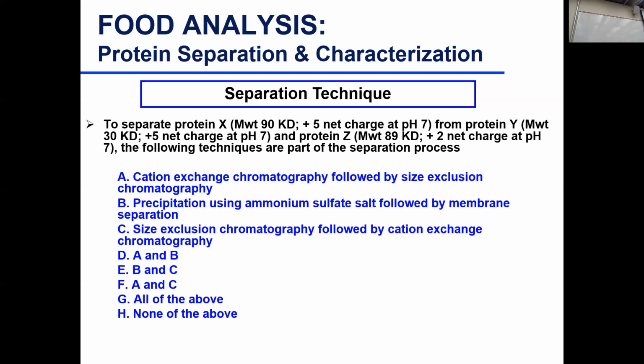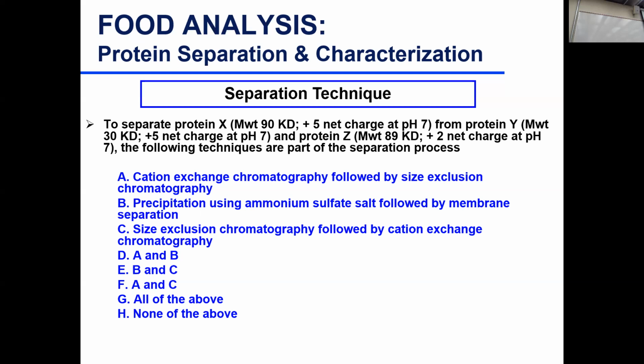Doesn't matter which way you want to go, it's A or C. Either way is fine. Now B, does it work? Precipitation using ammonium sulfate. Yes, it does work because you can add a little bit of salt. Protein Z is going to precipitate because it has a lower net charge than Y and X.